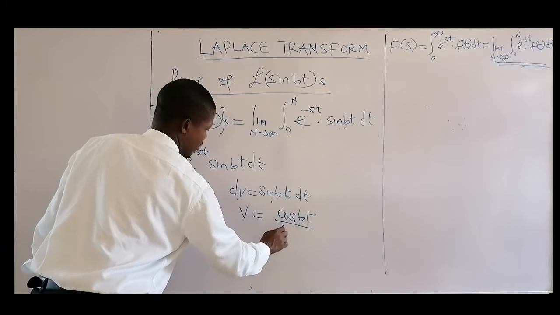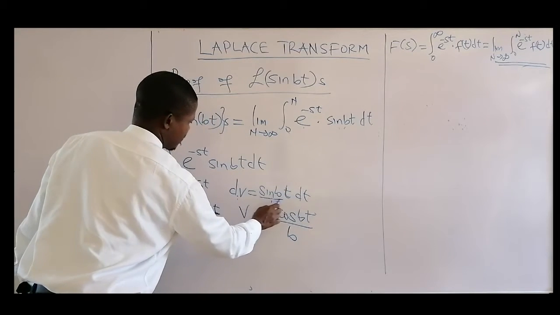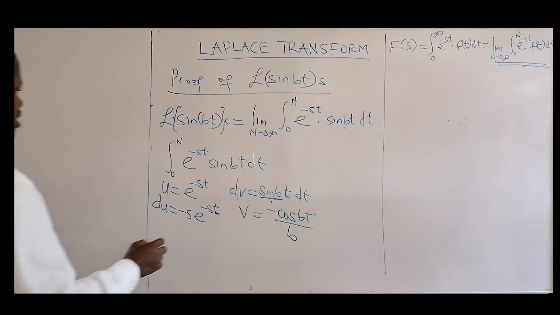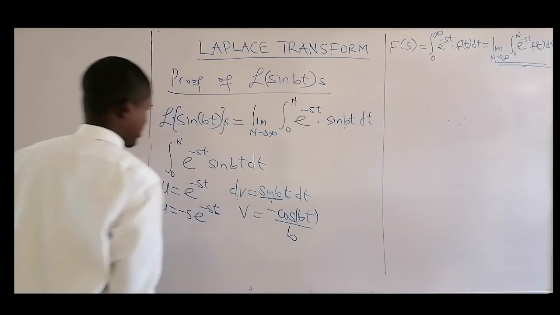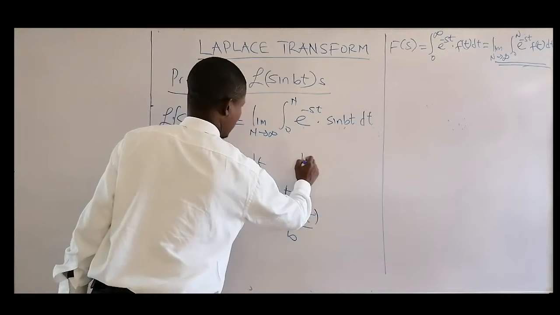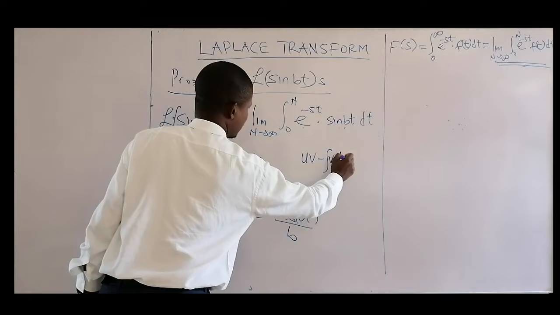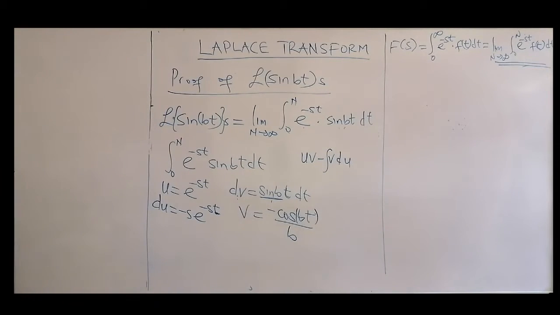The function is bt, so all over b, but the integral of sine is minus. So v is minus cos bt over b. Then I'm using the formula uv minus the integral of v du. So that's what I'm using.